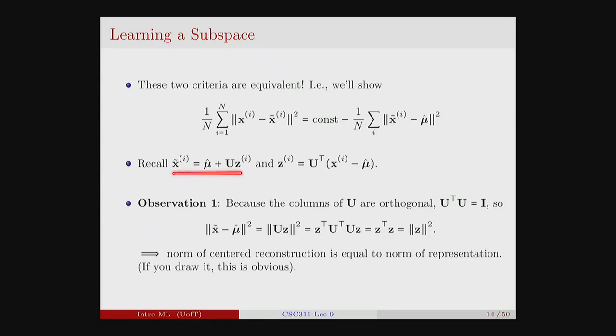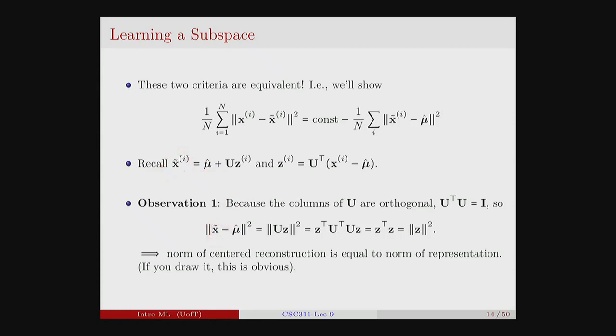So this is the definition of the reconstruction, which is mu hat plus U z_i, where z_i is the code vector for each x_i. And this is the definition of how to get the code vector, which is you take U transpose of x_i minus mu hat. The first observation we're going to use is that because the columns of U are orthonormal, U transpose U is the identity matrix. And so the norm squared of x tilde minus mu hat can be written by substituting for x tilde i in here.